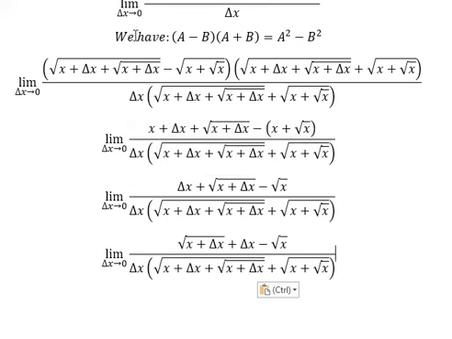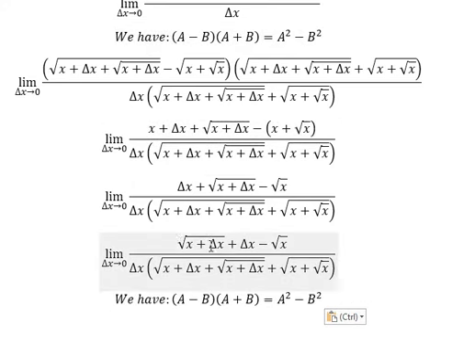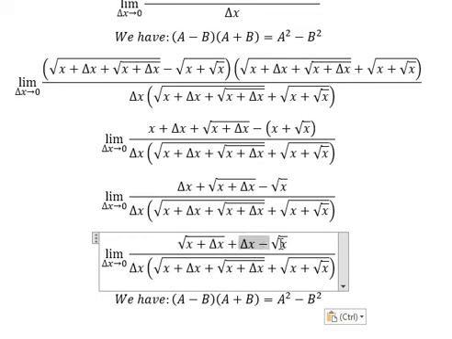Now we apply the same formula in here. But this one is A, this one is B. So A plus B in here. Now we need to multiply by A minus B on the numerator and denominator.